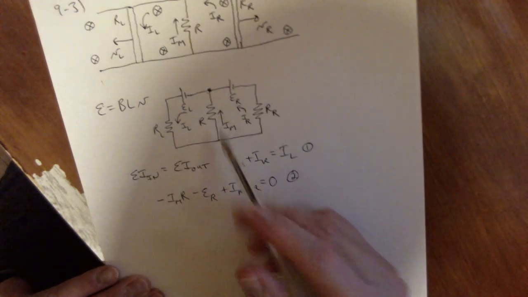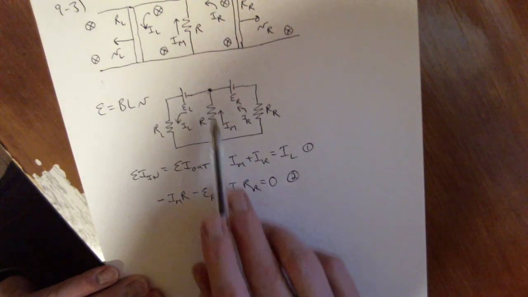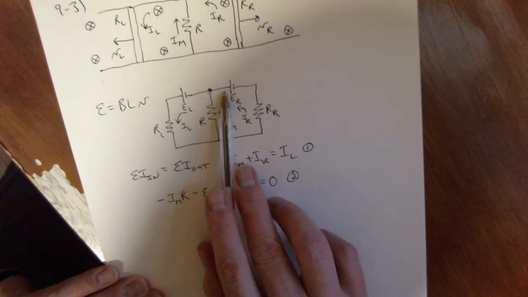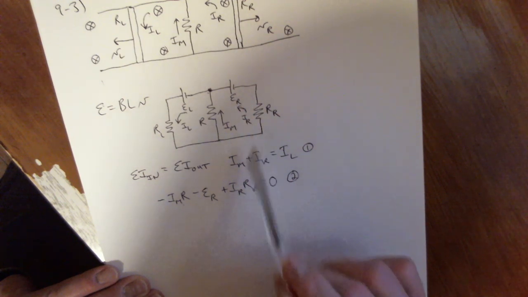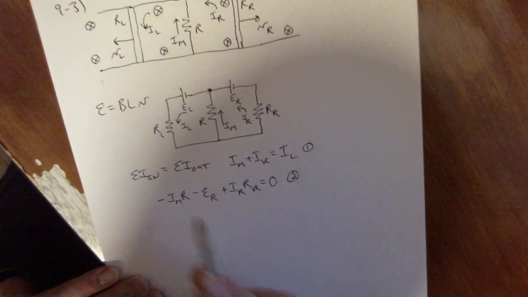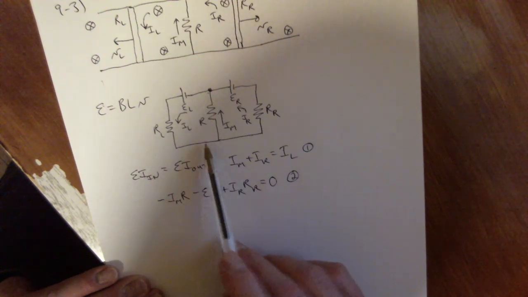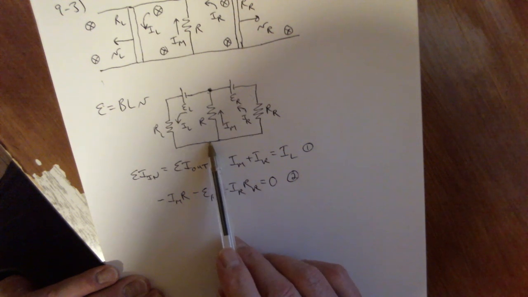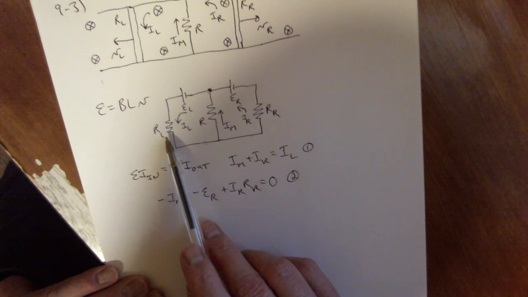And the third equation, I'll choose the left loop. I'll just make sure I did this correctly. I went through this resistor in the direction of the current, so minus, from positive to negative, so minus, and against the current, so plus. Yeah. So equation 3, I'll start here and go clockwise. It doesn't matter which way I choose to go or where I start. So I'll go through here. I'm going against the current I left.